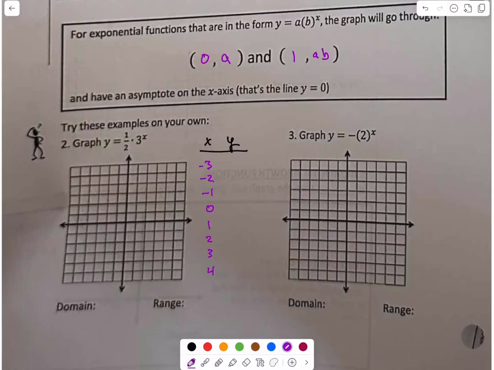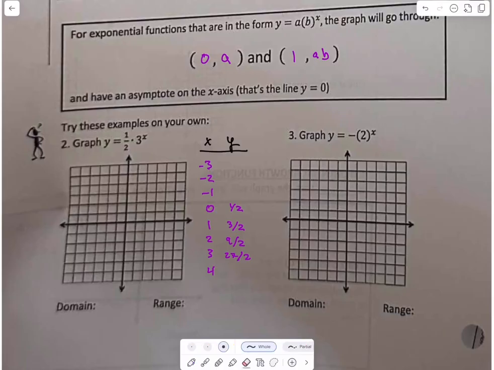If we start when x is 0, we get a half. When x is 1, we get 3 halves. When x is 2, 9 halves. When x is 3, 27 over 2.